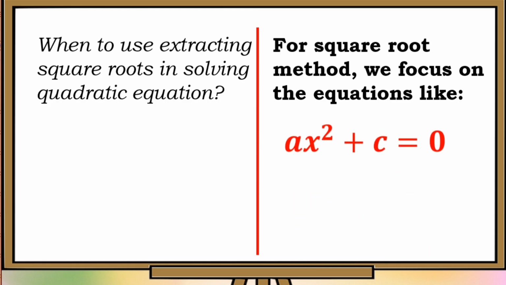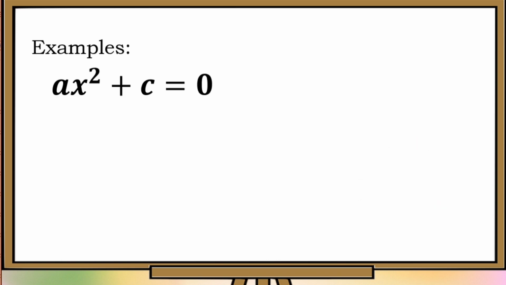As you have noticed, in the first equation, we do not have a linear term, while in the second equation, we have the square of a binomial. So let's give examples of each equation.